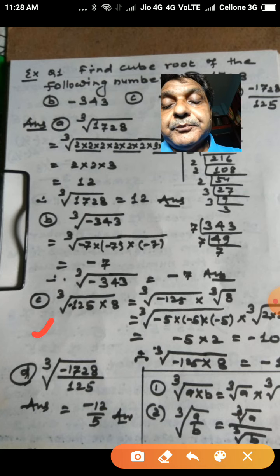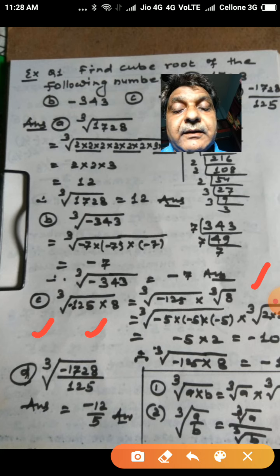So in this way, the cube root of minus 125 into 8 is equal to the cube root of minus 125 into the cube root of 8. Now we will find the factors for minus 125 as well as for 8. So it is the cube root of minus 5 into minus 5 into minus 5, and then the cube root of 2 into 2 into 2.